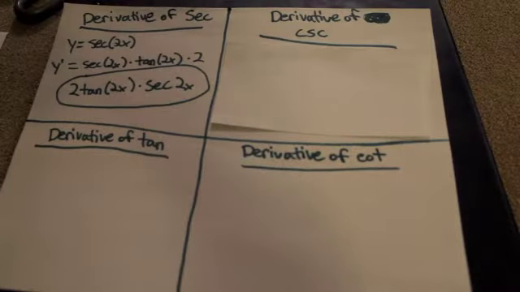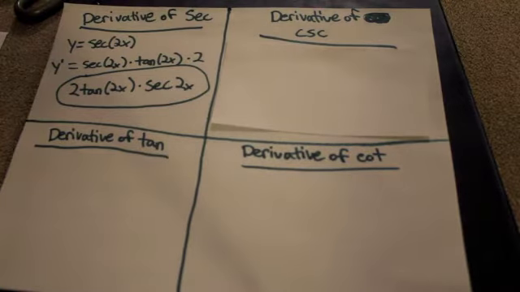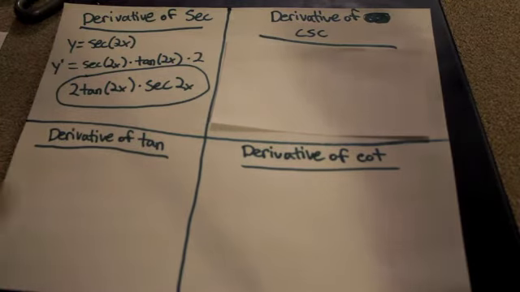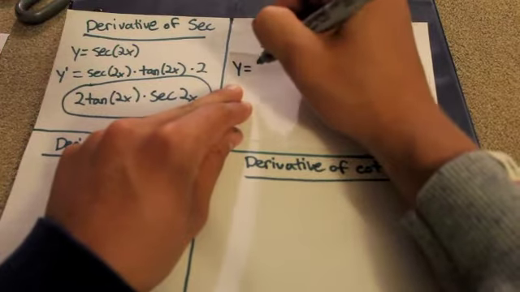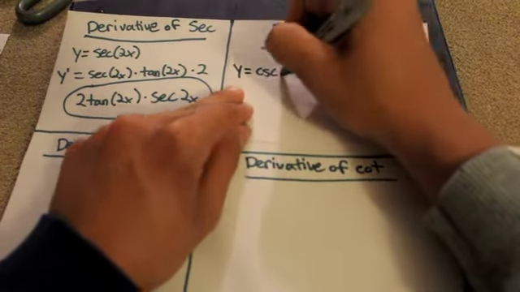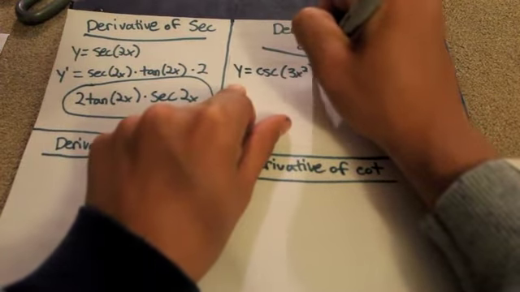Now we're going to find the derivative of cosecant, which is basically the same process as finding the derivative of secant. You just need to use a different equation because you're dealing with cosecant rather than secant. We'll start out with the equation y equals cosecant 3x squared.